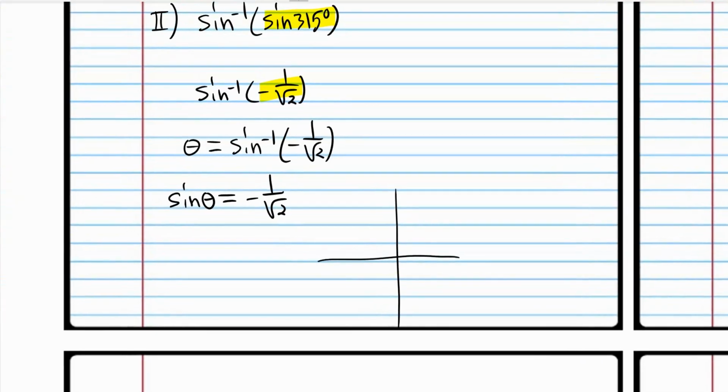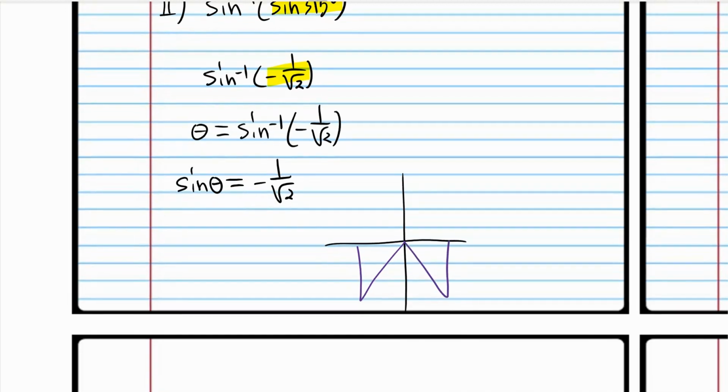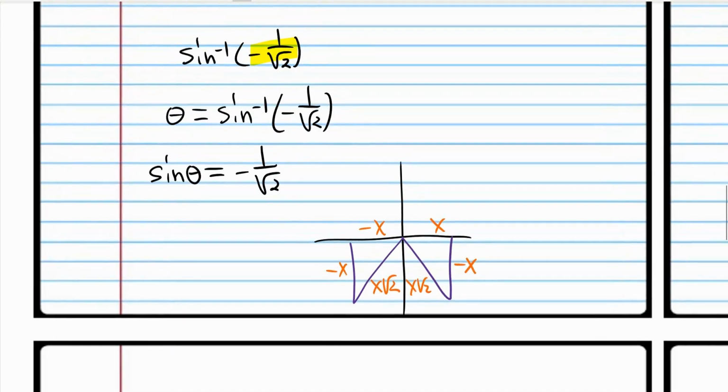Sine is negative in the third and fourth quadrants. And so we have 45, 45, 90 triangles, obviously. Reference angles are 45 degrees.